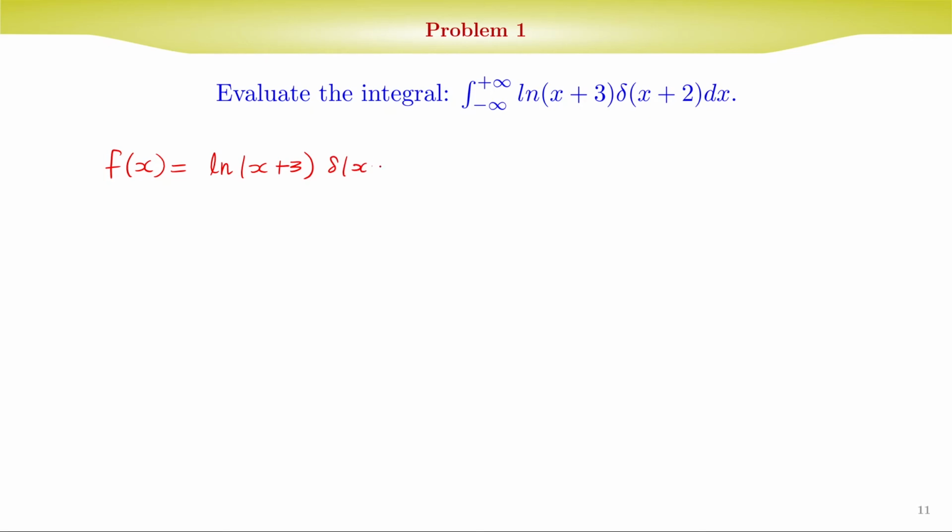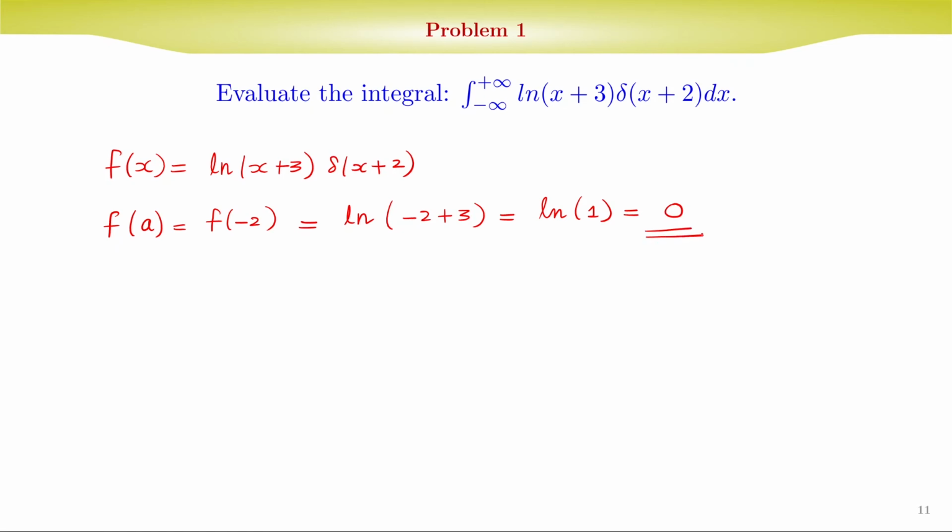As before, when we calculate f(a), which is f(minus 2), this is equal to natural logarithm of (minus 2 plus 3), and this is equal to natural logarithm of 1, and this is equal to 0.